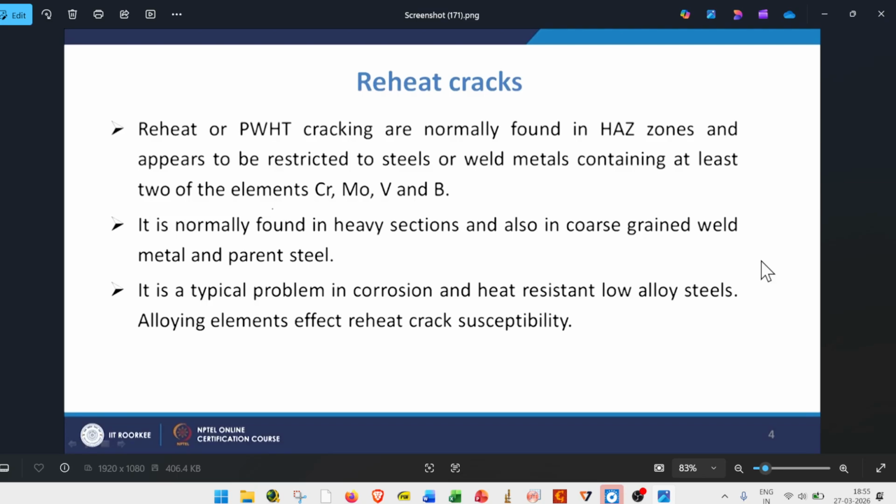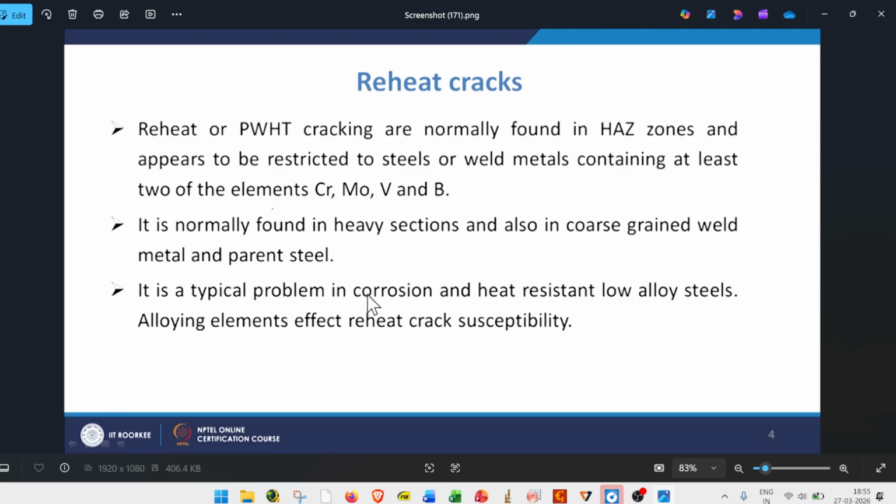This is normally found in heavy sections, and also in coarser grain weld metal and parent steel. It is a typical problem in corrosion and heat resistant low alloy steels. Alloying elements affect reheat crack susceptibility.